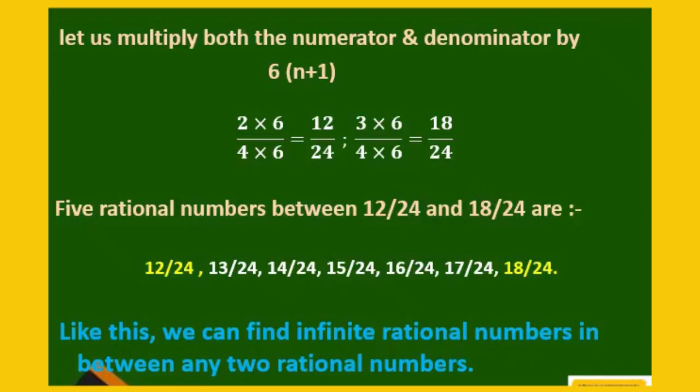So 2 by 4 into 6 by 6 is equal to 12 by 24. 3 by 4 into 6 by 6 is equal to 18 by 24. Now, the 5 rational numbers between 12 by 24 and 18 by 24 are 13 by 24, 14 by 24, 15 by 24, 16 by 24 and 17 by 24. Like this, we can find infinite rational numbers in between any two rational numbers.